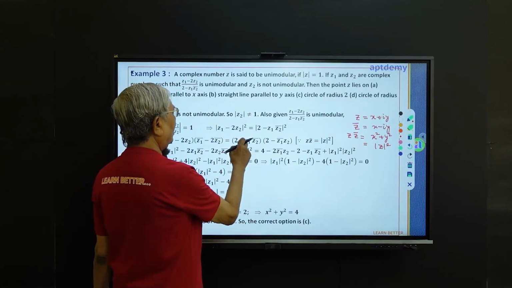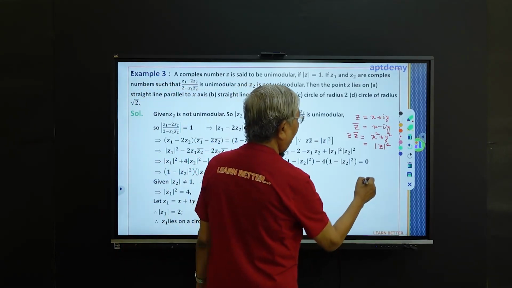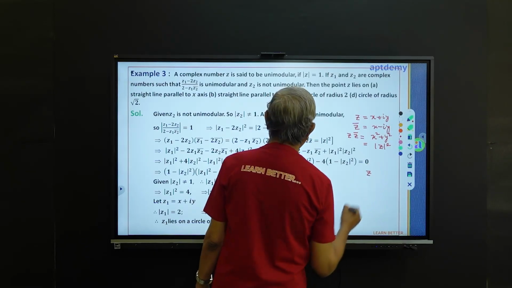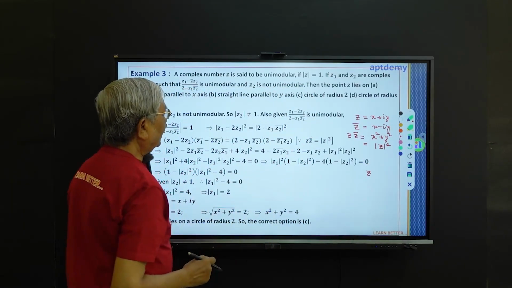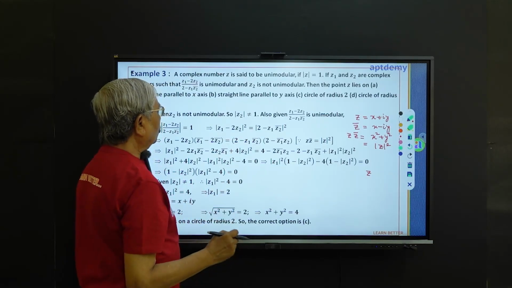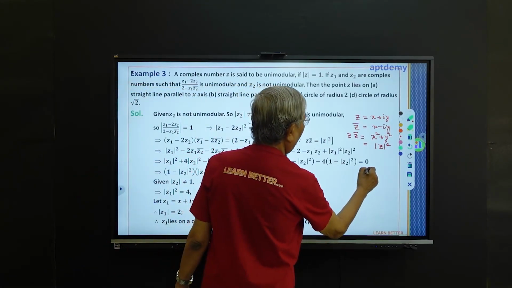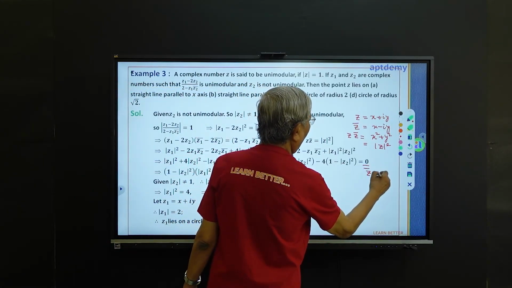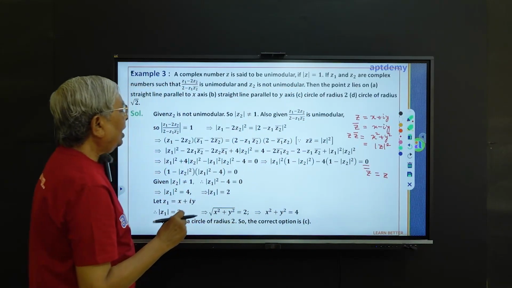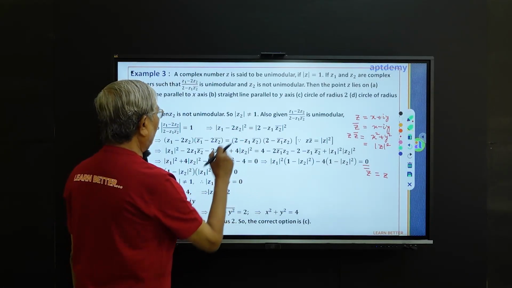So we get (z1 minus 2z2) into (z1 bar minus 2z2 bar) equal to (2 minus z1 z2 bar) into (2 minus z1 bar z2), because the conjugate of the conjugate is the complex number itself.